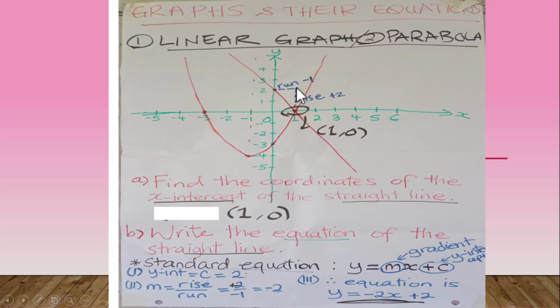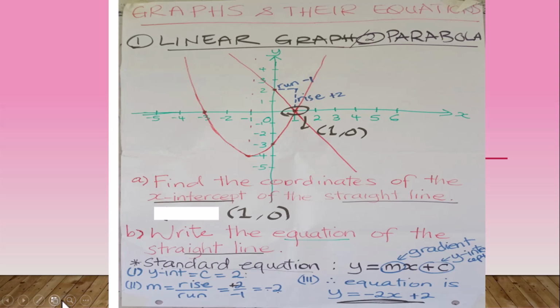Run: now we are running towards the left to the second point, and left means negative movement, and we are going from 1 to 0, so it's a 1 step movement, so it's -1. And +2 divided by -1 is -2.